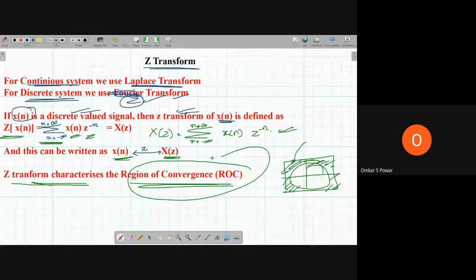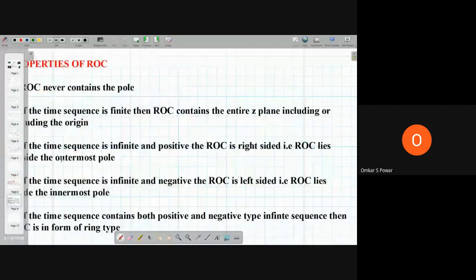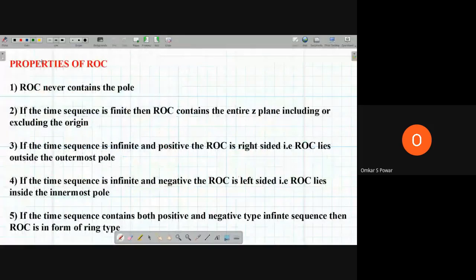Before going to the problems of the Z transform, the first thing you have to know is the properties of ROC. Now I will simply read out the properties. I know you will not understand, but when solving the problems I'll take sums such that you will understand each and every property.